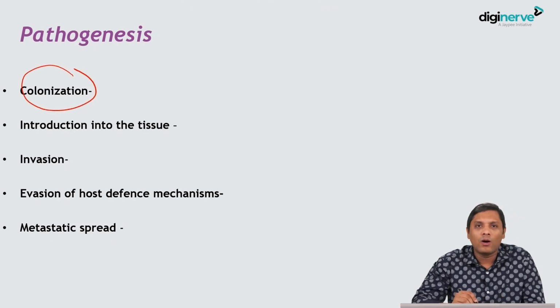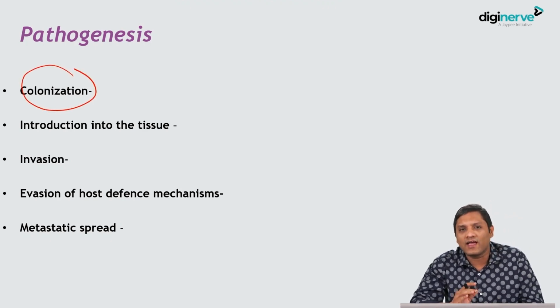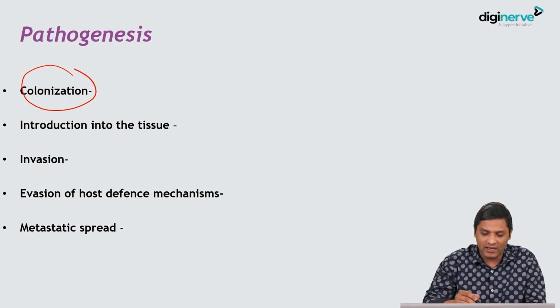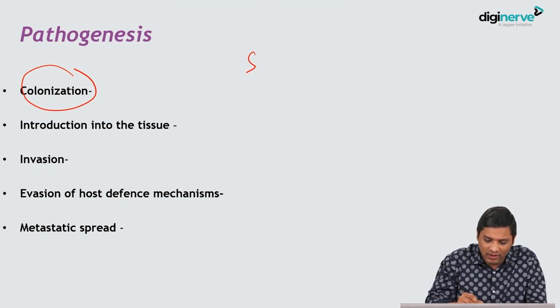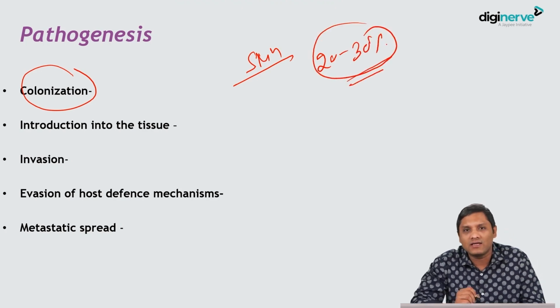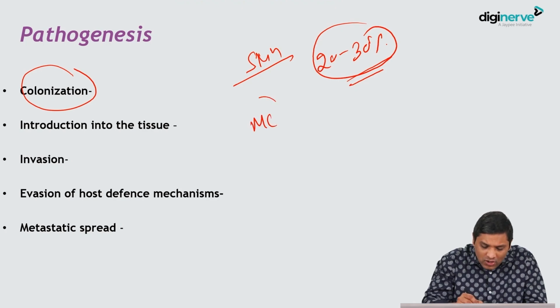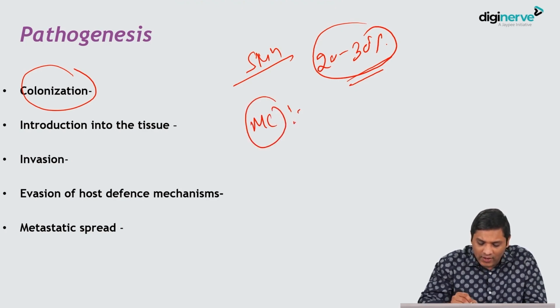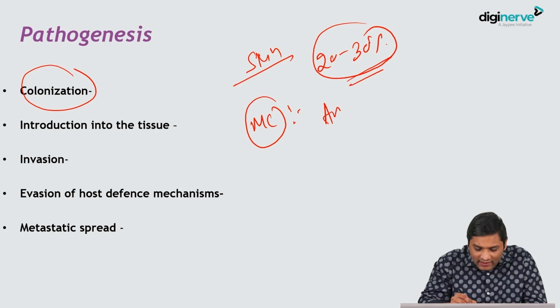Let us discuss the pathogenesis of Staphylococcus aureus infections. The first event which occurs in pathogenesis is colonization. Most of us will carry Staphylococcus aureus as a commensal on our skin. At least 20 to 30% of individuals carry Staphylococcus aureus as a skin commensal. The most common site of commensal carriage is the anterior nares.